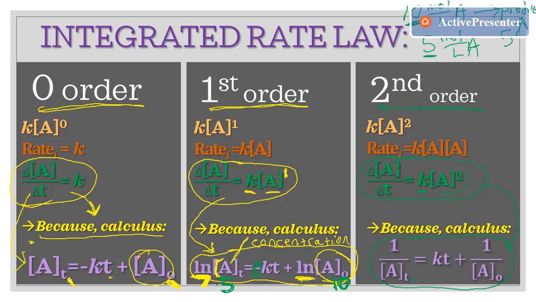This T is for time, like when you stop your stopwatch and you take the time. So this is your final concentration, and this is your original concentration. That's why I put an O at the end of it. So it's 1 over your final concentration of A equals your rate constant times time plus 1 over your original concentration of A.